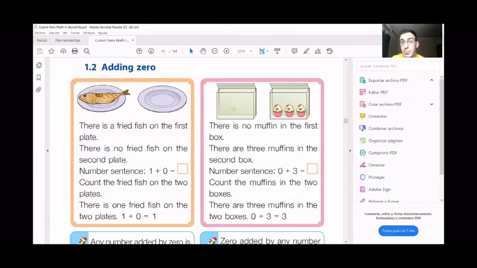Okay. What does it mean? It means that every time that we add 0 to another number, the sum is always going to be the same number that we are adding it to.